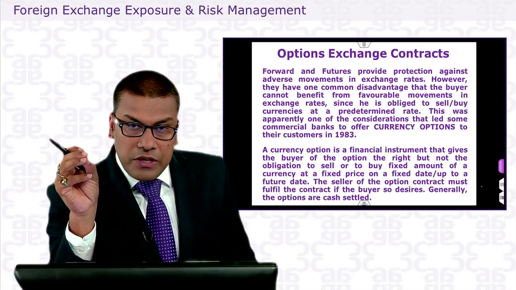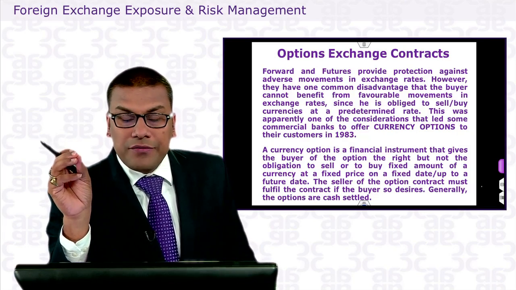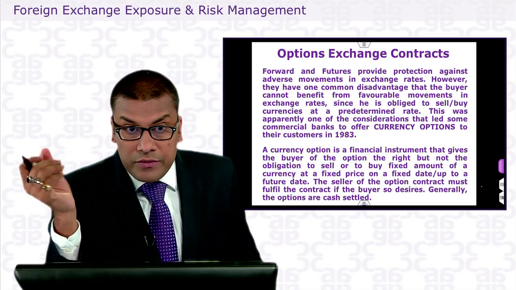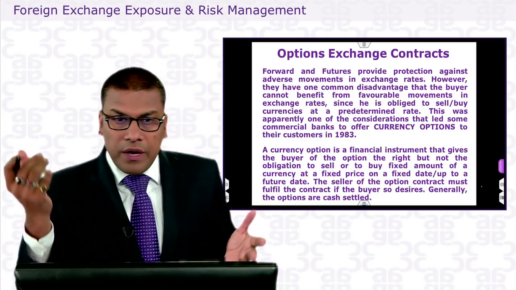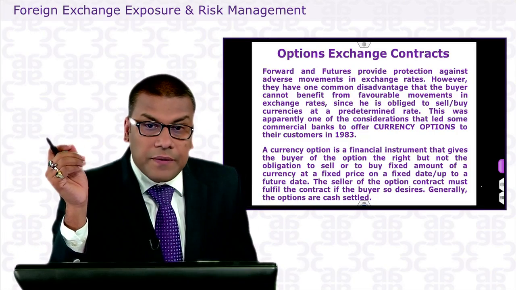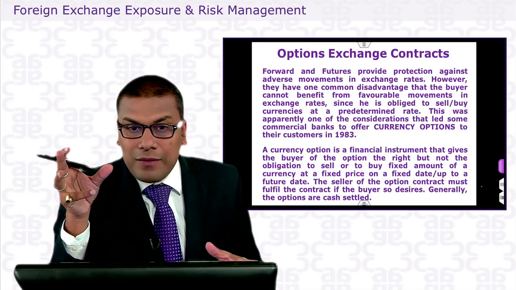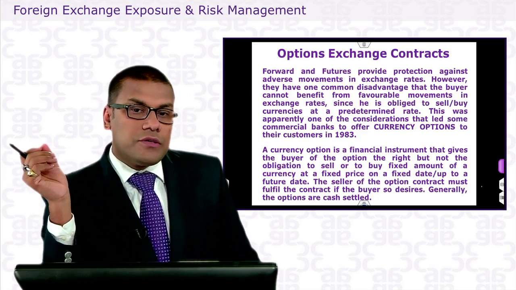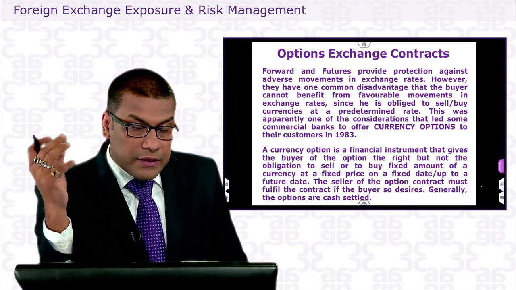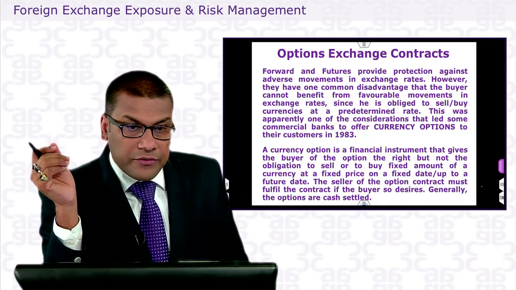So the common disadvantage is that the buyer cannot benefit from favorable movements in the exchange rates, since he is obliged to sell or buy currencies at a predetermined rate. Now this is apparently one of the considerations that led some commercial banks to offer currency option contracts, and it has been offered to customers since 1983 onwards.